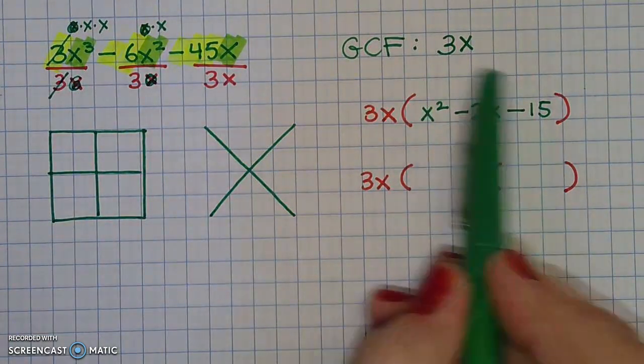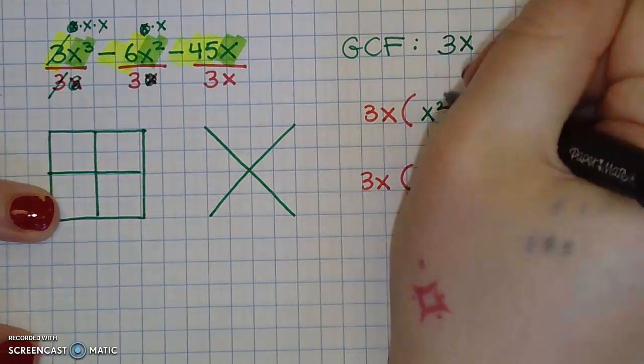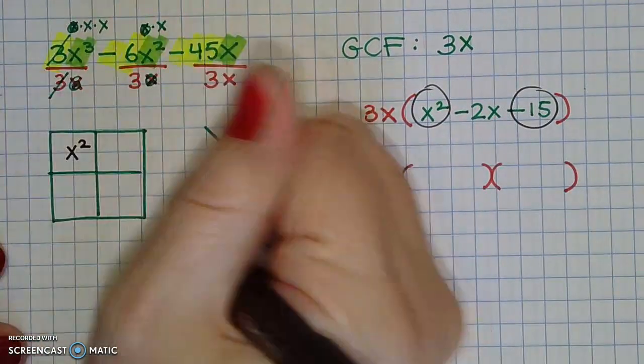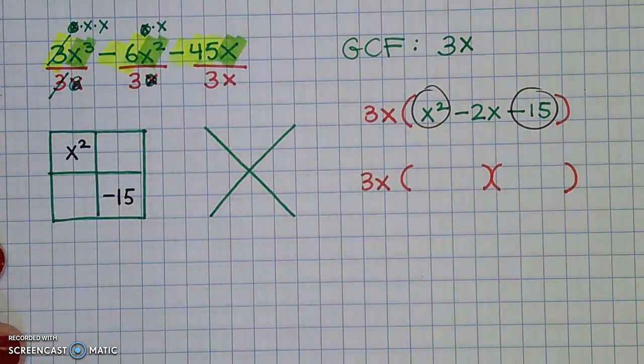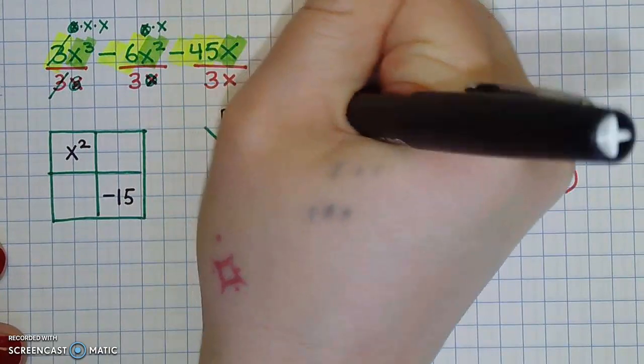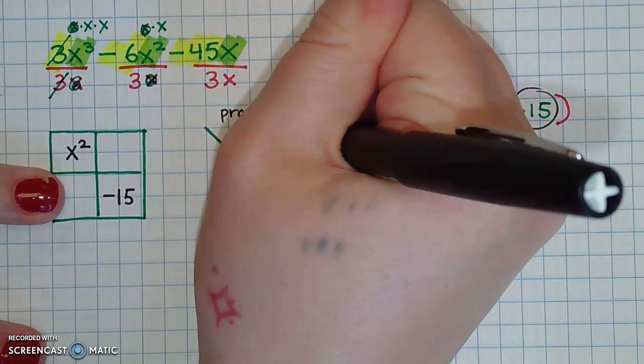So this is the new quadratic that we're working with. So let's go ahead and get into our factoring. We take the a and the c, and we put them on a diagonal with each other. We also multiply them to get the product, which is negative 15x squared.